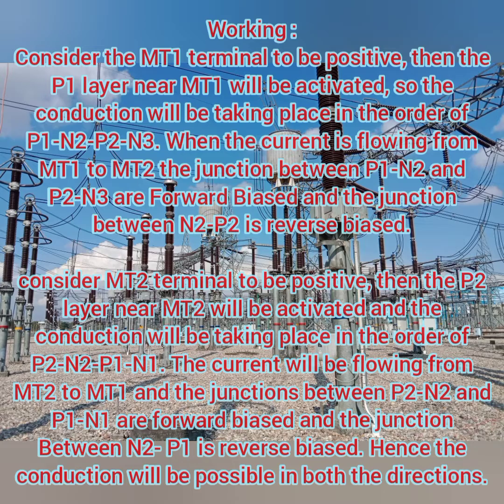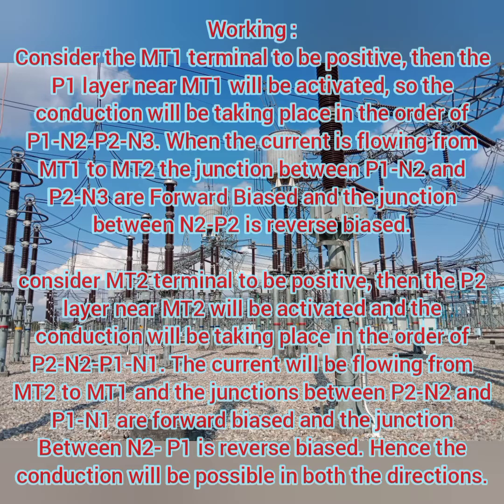When the current flows from MT1 to MT2, the junctions P1N2 and P2N3 will be forward biased, and the junction N2P2 is reverse biased. Then if we consider the MT2 terminal to be positive, then the P2 layer near MT2 will be activated and the conduction will take place in the order of P2, N2, P1, N1.